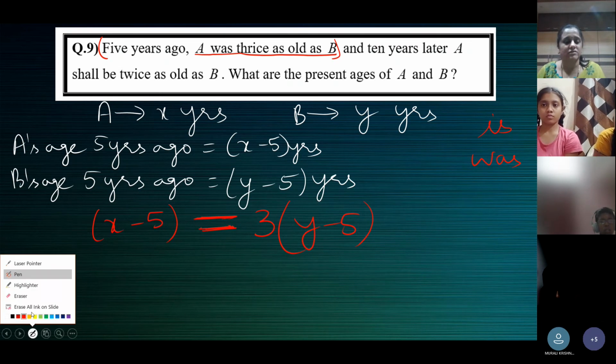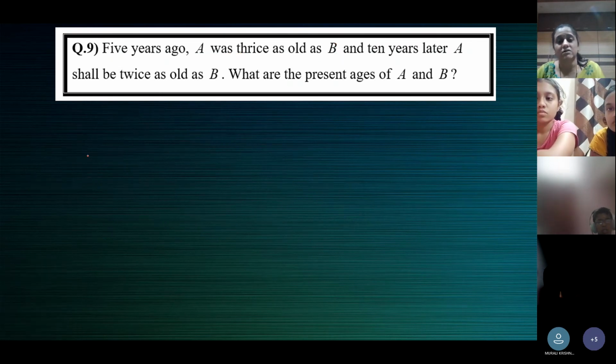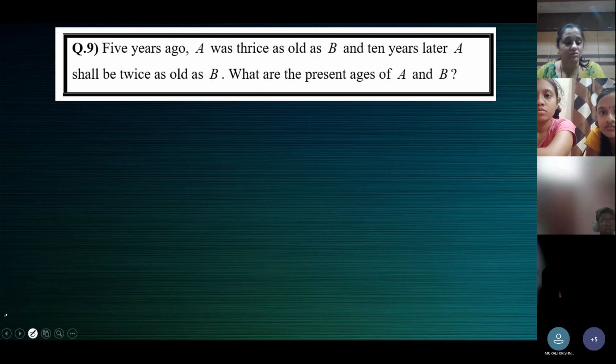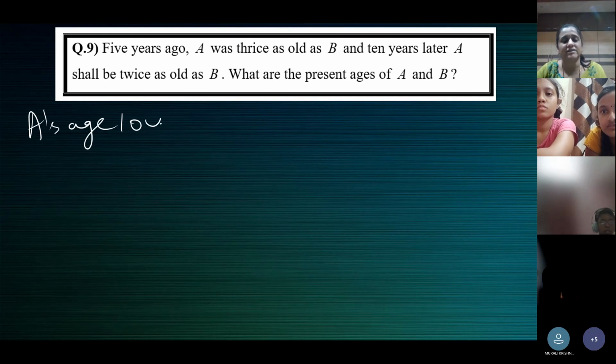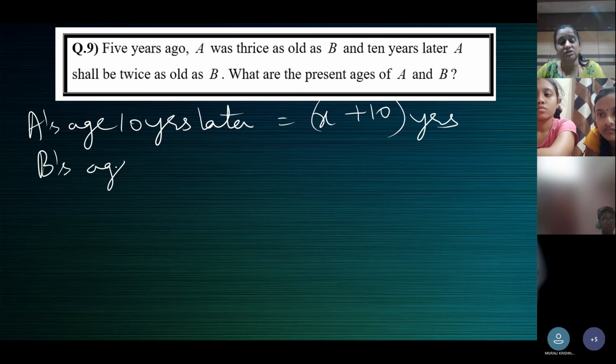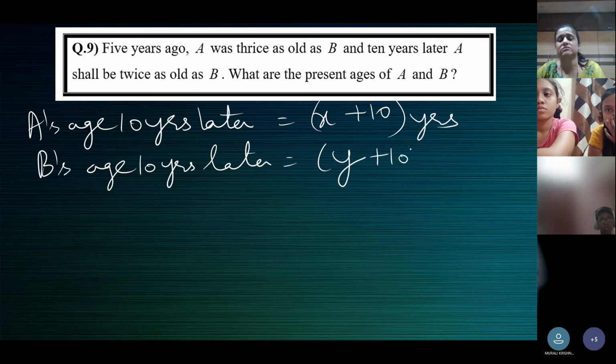Next is 10 years later. A's age 10 years later will be X plus 10 years, and B's age 10 years later will be Y plus 10.